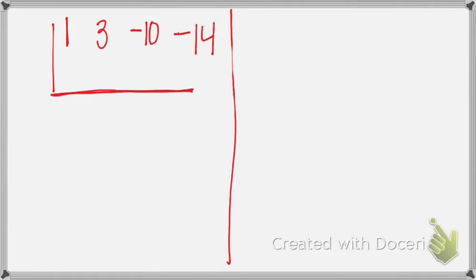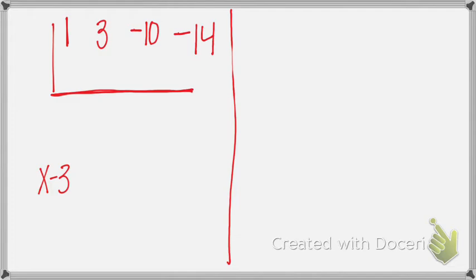Now, what does the word synthetic start with? An S. And what does the word solution start with? S. So remember, when you do synthetic, you have to find your solution. So we're dividing by x minus 3. That's what it tells me.